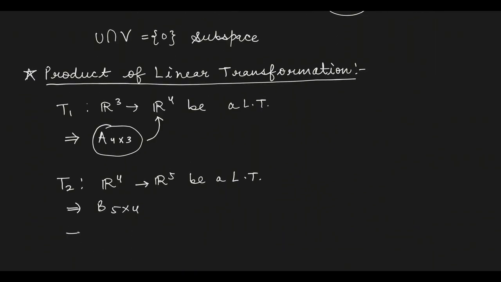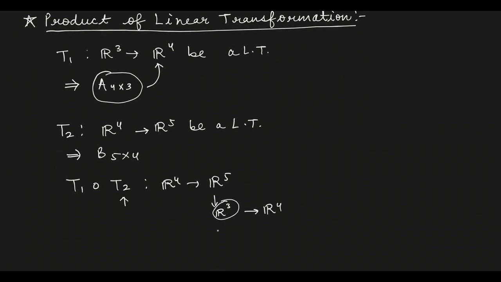Now I need to check whether T1 composition T2 is defined or not. Firstly, I will see T2. T2 is R4 to R5 and then T1, and T1 was R3 to R4. This is not possible, no? It is not possible because if it was R5 then it is possible.